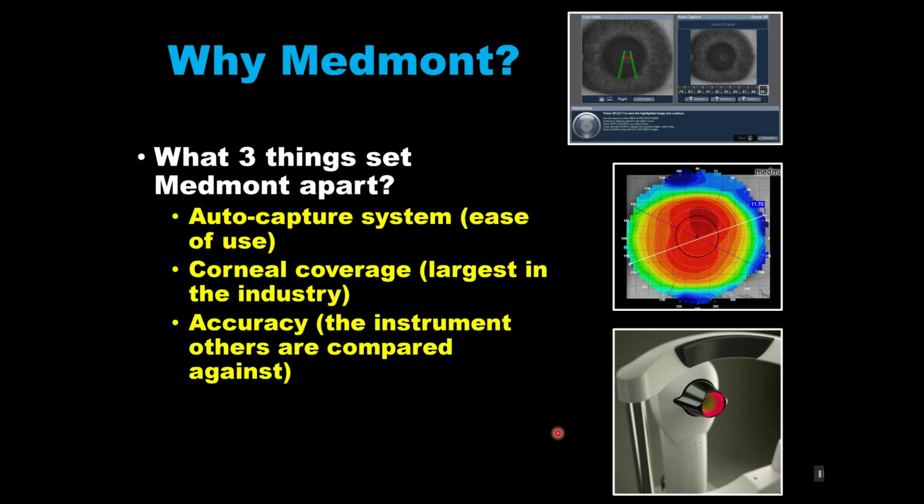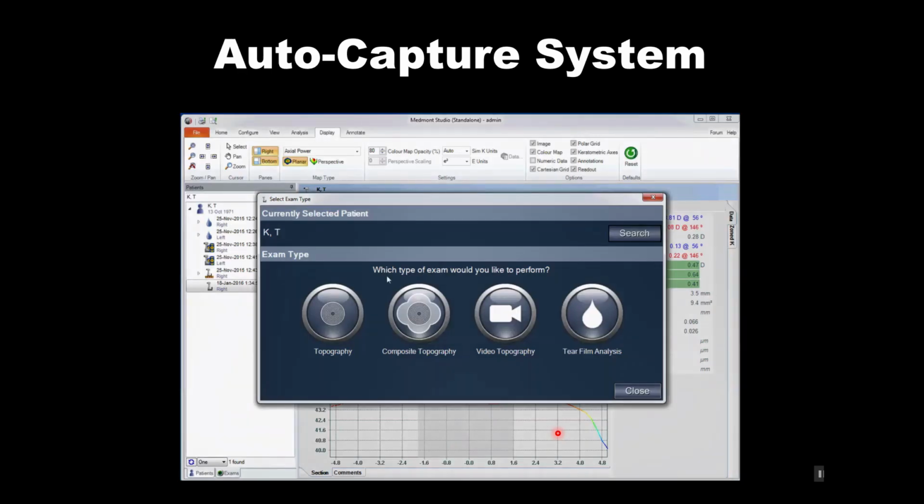It gives us virtually 100% of the cornea. Then the last thing is a corneal topographer is really limited by its accuracy, and the Medmont is incredibly accurate. It's considered the gold standard for contact lens application.